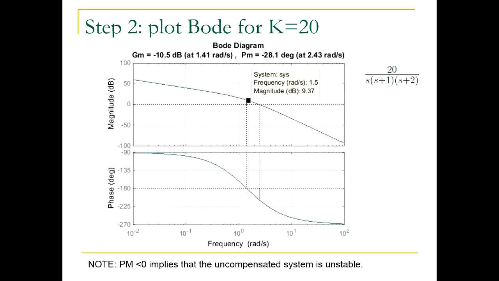So what we do next is plot the Bode plot for K equal 20. By the way, when you go through Ogata, I want to emphasize this now: Ogata uses asymptotes to calculate things, whereas I'm here using MATLAB plots, but I'm using the same ideas as what Ogata presents.